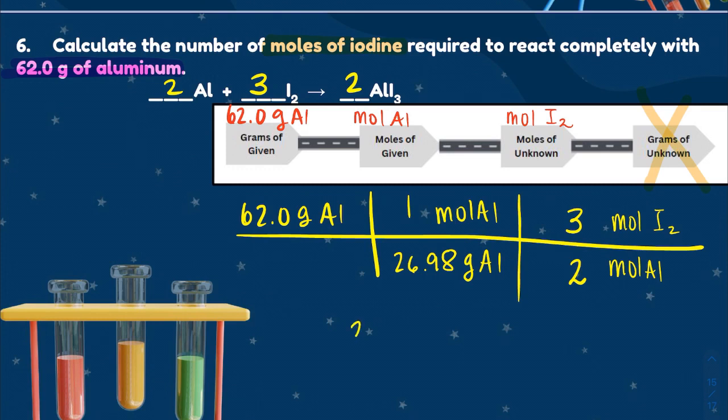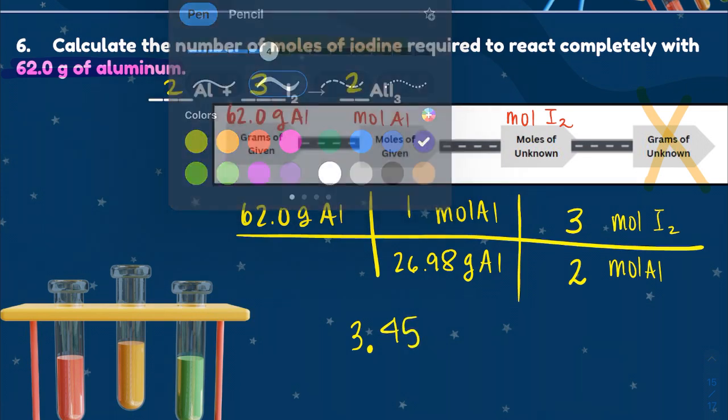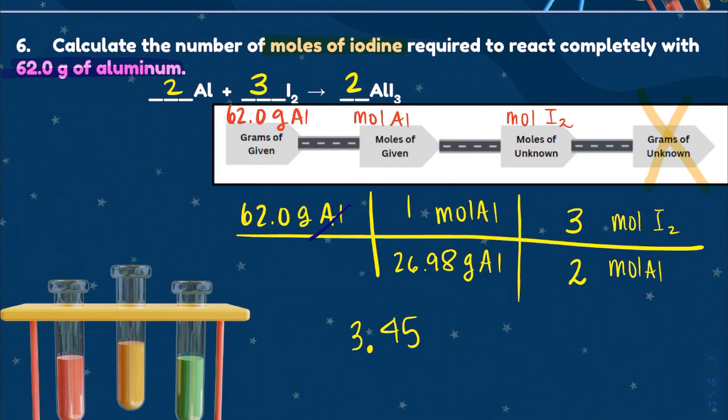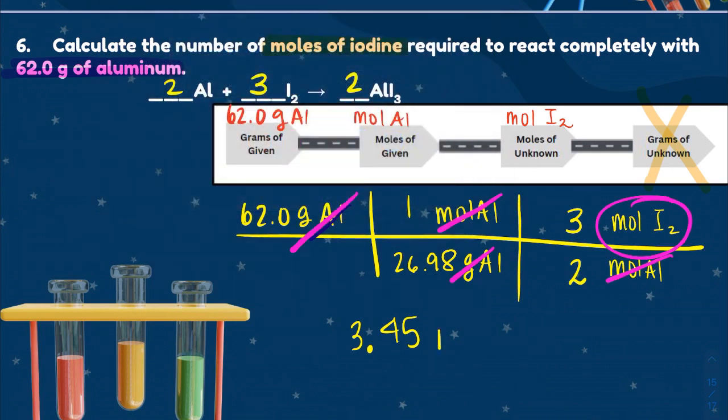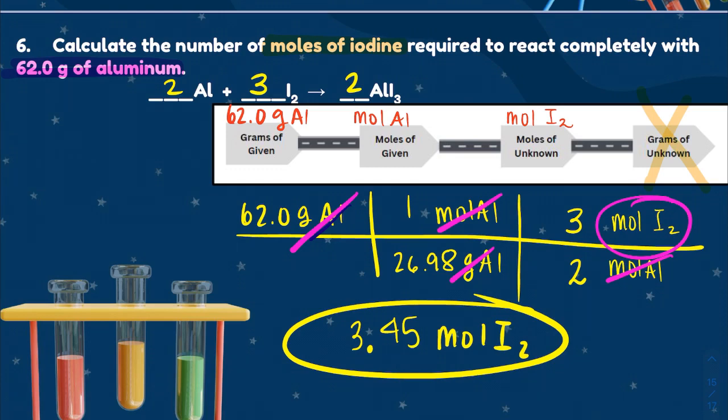The answer that we get is 3.45. And that's 3.45 what? Moles of aluminum and moles of aluminum cancel. Moles of iodine is our unit that remains. So our answer is 3.45 moles of I2.